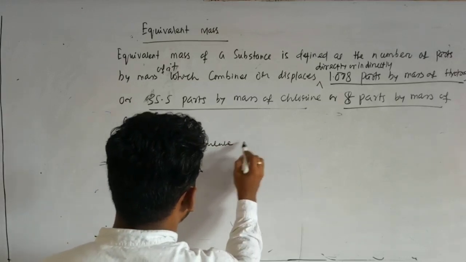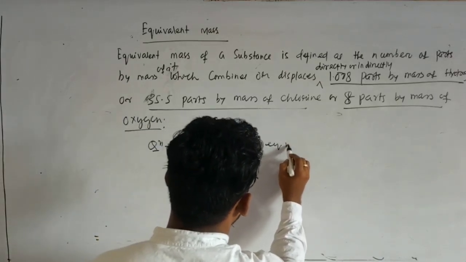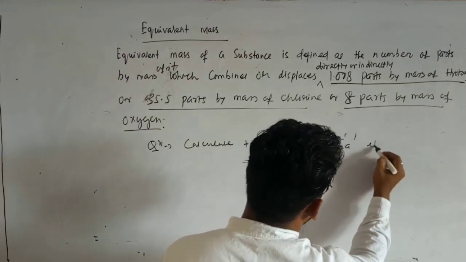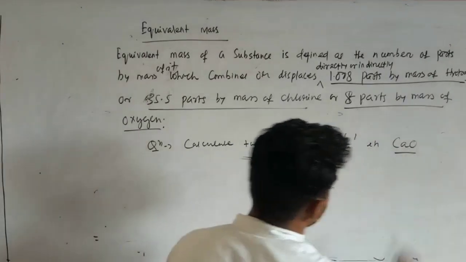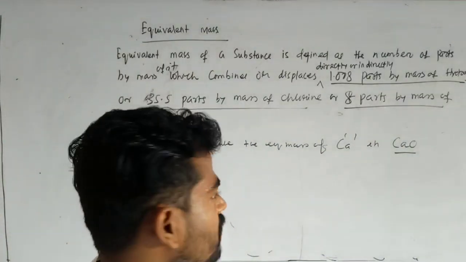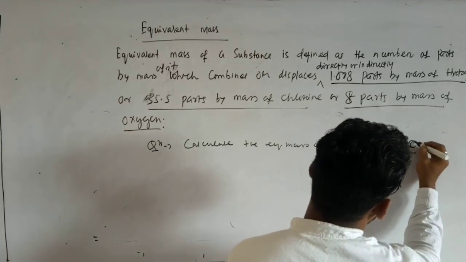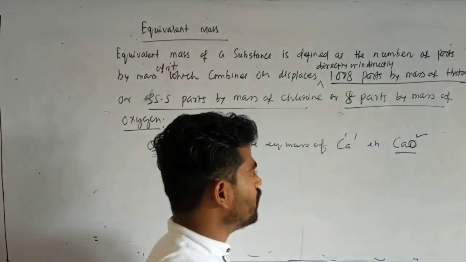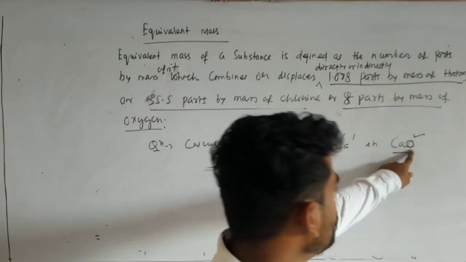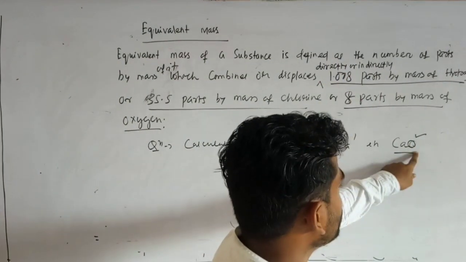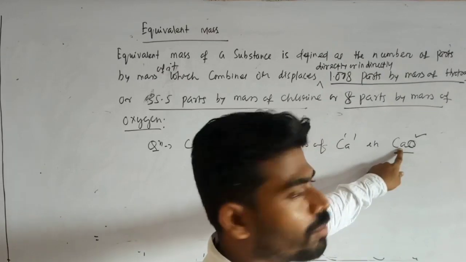Calculate the equivalent mass of calcium in calcium oxide. Here in calcium oxide, your standard of reference is oxygen. There is no hydrogen or chlorine, only oxygen. So you have to consider 8 parts by mass of oxygen combined with how much calcium; that will be the equivalent mass of calcium.